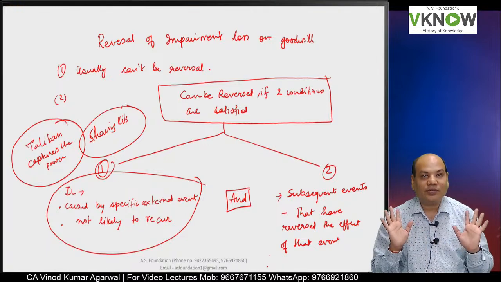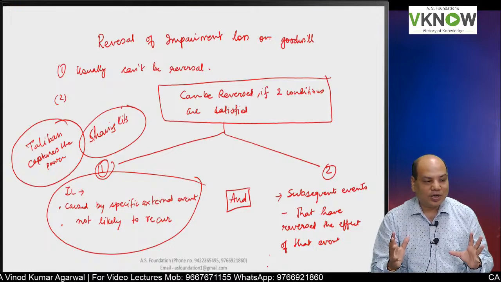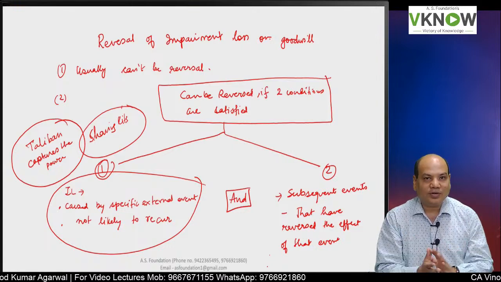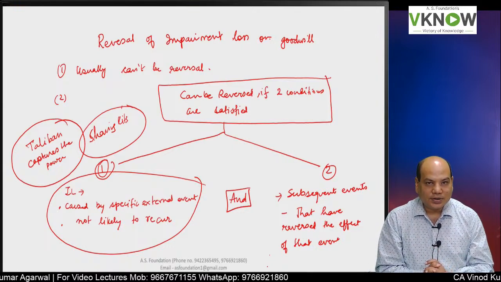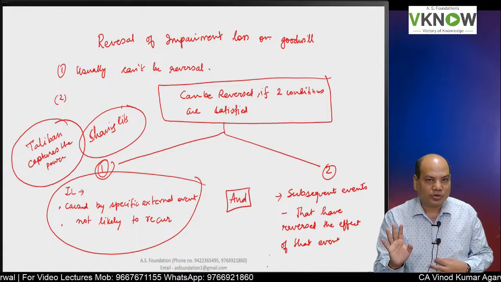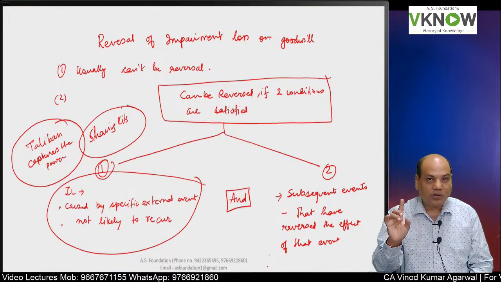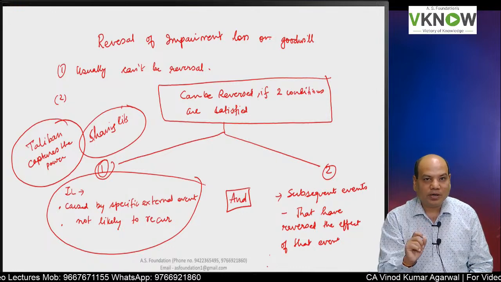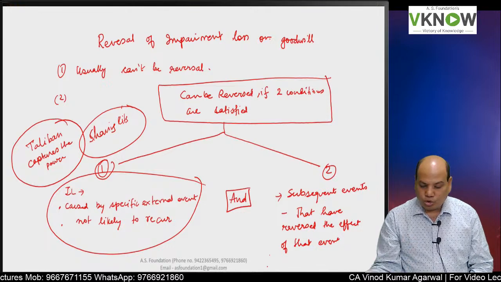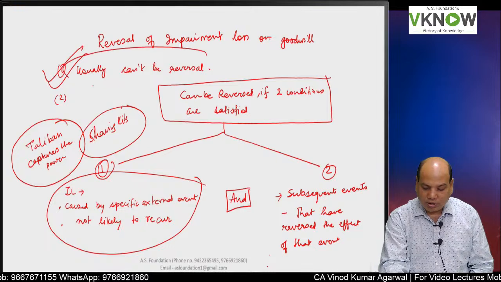In this exceptional, extreme case, you can reverse impairment loss of goodwill, but not in the normal course. In the normal course, if you have provided impairment of goodwill, usually goodwill impairment loss cannot be reversed.